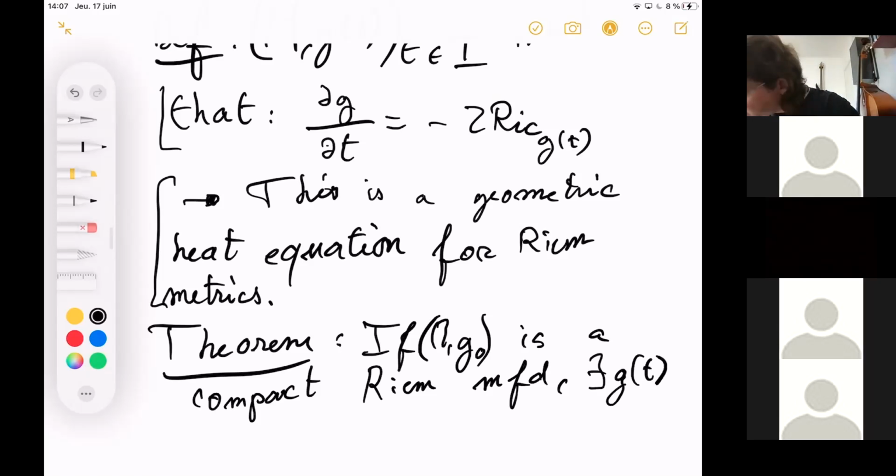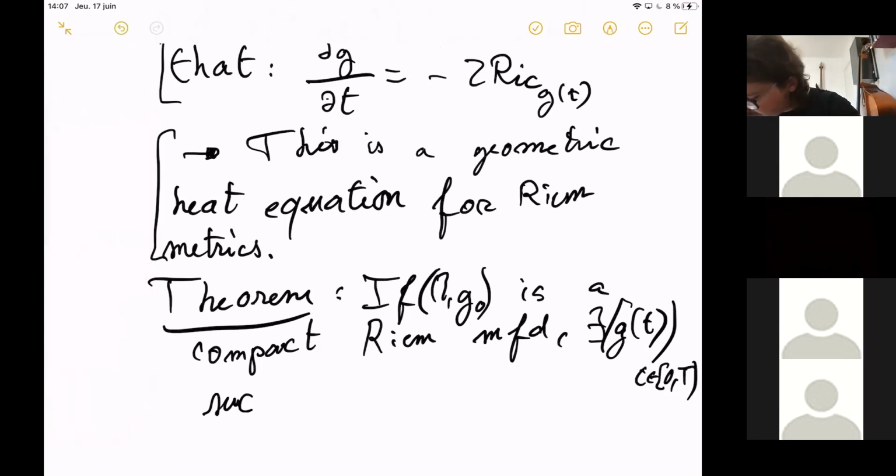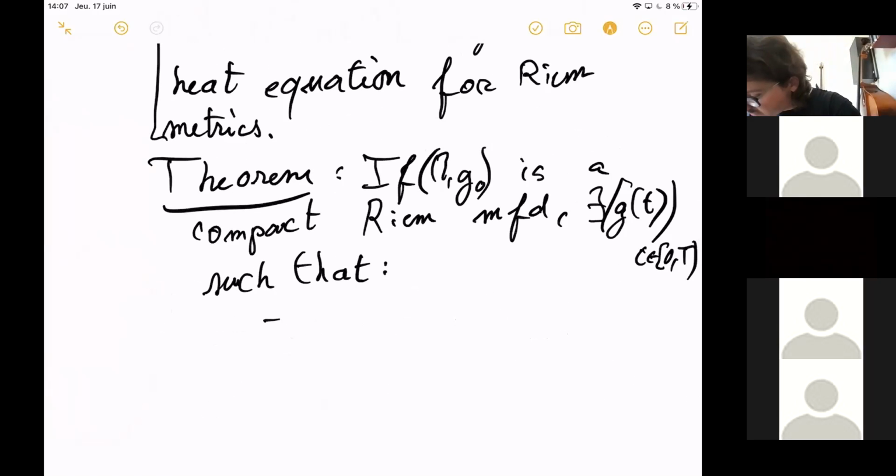Then there exists g(t), a family of metrics, for t in some half-open interval, such that the Cauchy problem has a unique solution. First, at the initial time we have g₀, and the equation is true.